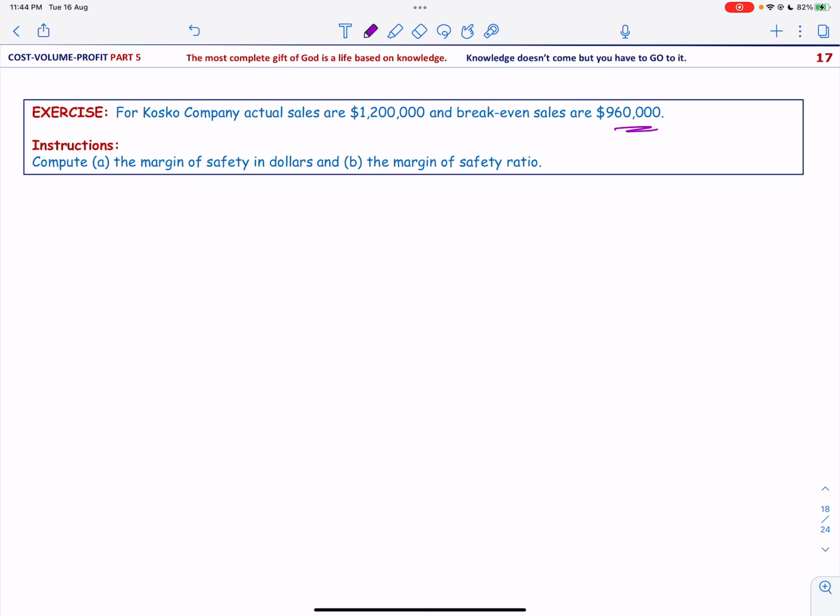So we know the margin of safety is sales minus break even, 1,200,000 minus 960,000, that is equal to 240,000.